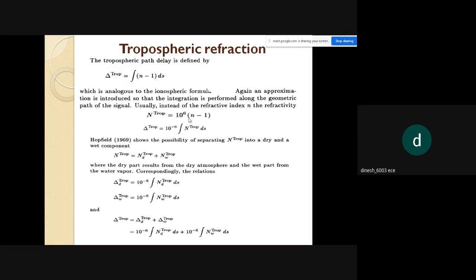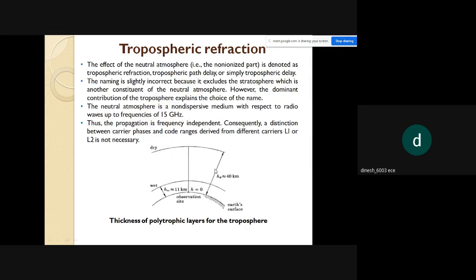Now in a paper, Hopfield showed the possibility of separating the troposphere into a dry region and a wet region. We have seen that the troposphere has a wet region from the Earth surface to 11 kilometers, and a dry region up to a distance of 40 kilometers.